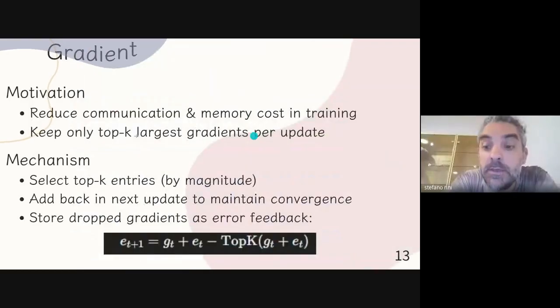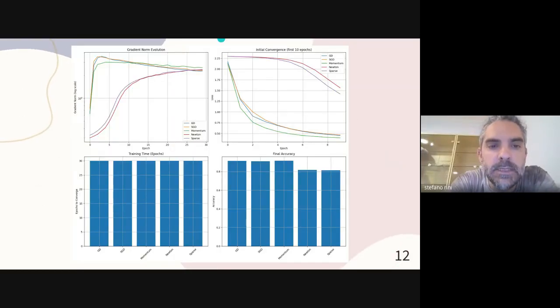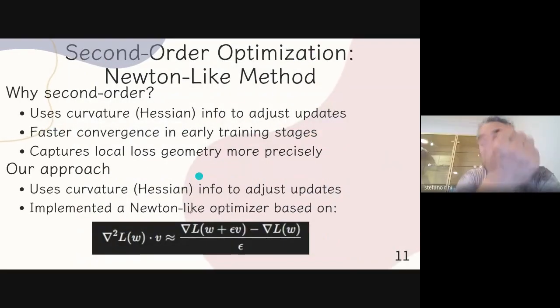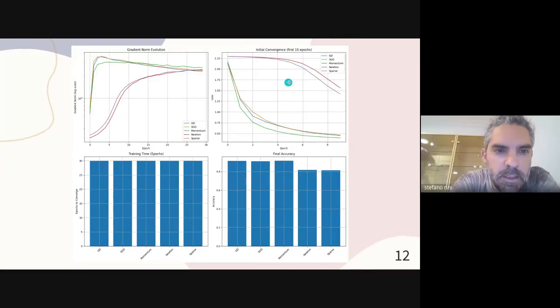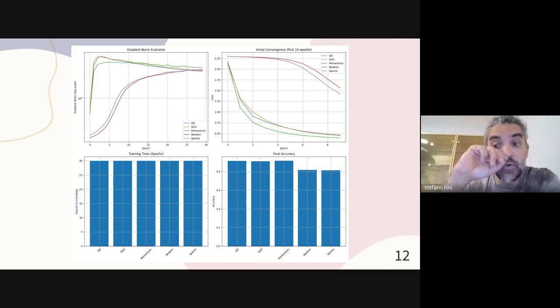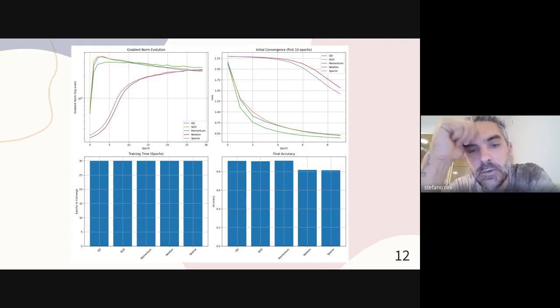Just a second, what is Newton? Can you stay on this slide a second? You mean the second order Newton? Next slide, slide 12. In the top figure you have this Newton. What do you mean by Newton here? You mean the second order, the Hessian one? Did you calculate the Hessian as a square matrix, like the previous group, or did you approximate it with first order methods?